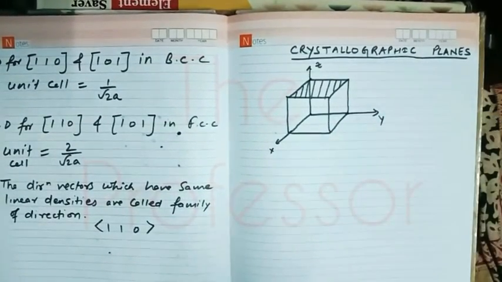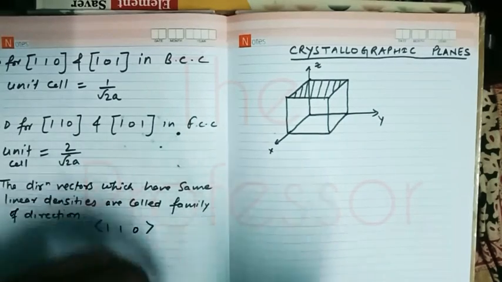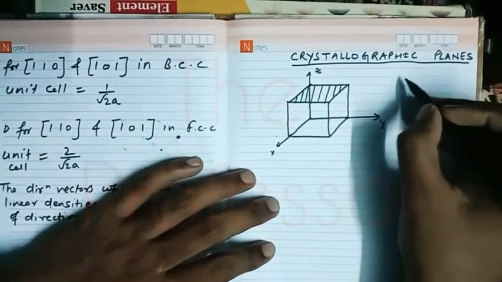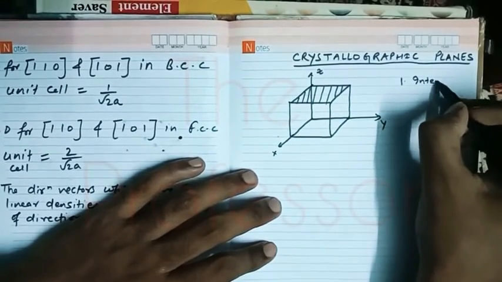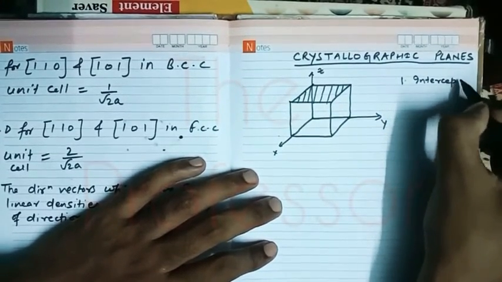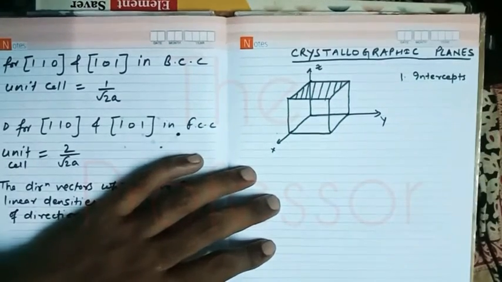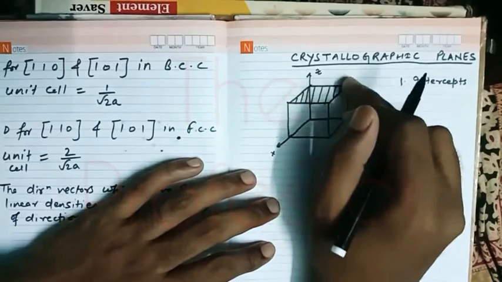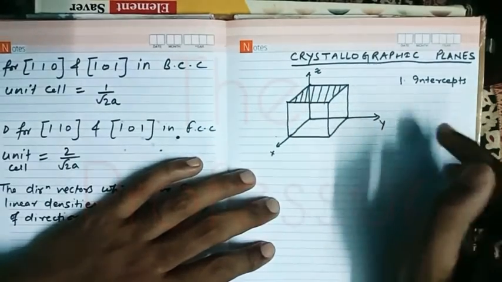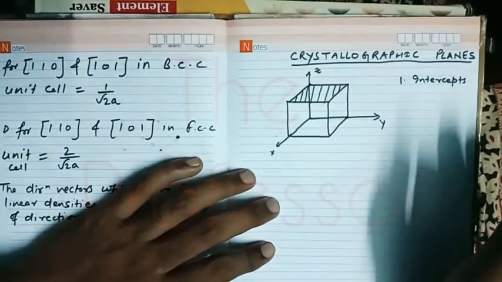So here also we will have to follow certain rules. The first rule is to find the intercept made by the plane on all the axes. See, this is our plane. Whatever intercept this plane is making on all the three axes, write down all the three intercepts.